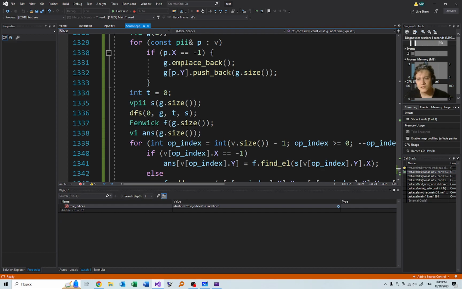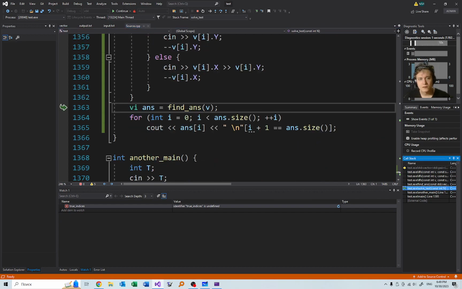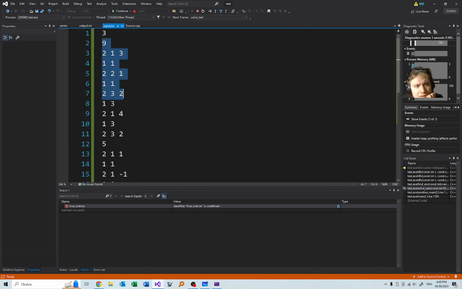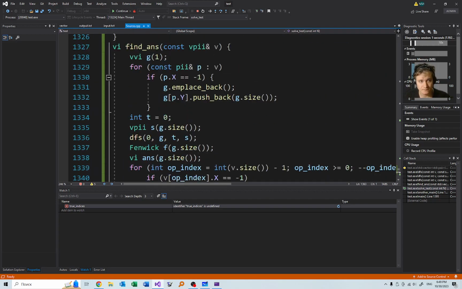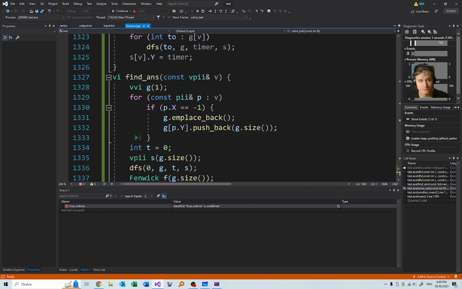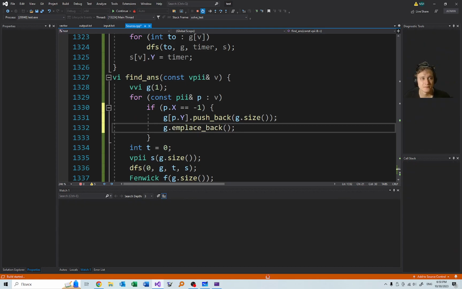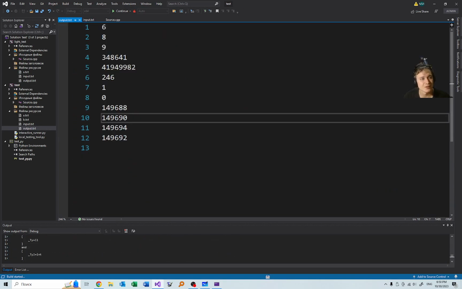What is the number of the test case? This is the very first test case. And for some reason there is a vertex 5. I didn't really expect that. Almost correct, but no.